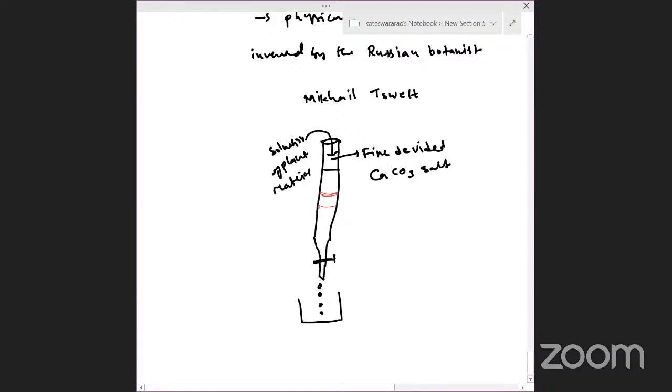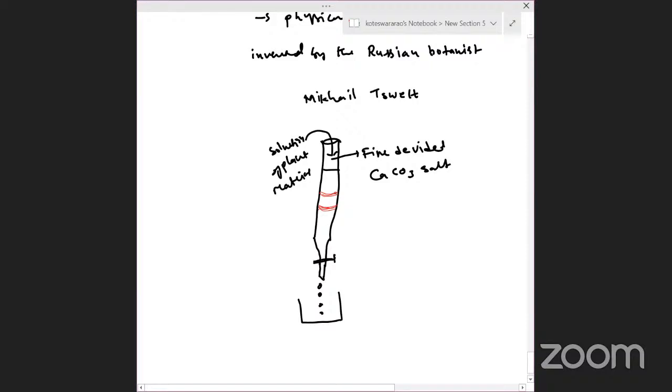These compounds are separated like bands. As we continue the flow of the solution, they are eluted one after another. These color bands on the column are termed chromatography, since the compounds are simply separated as color bands.